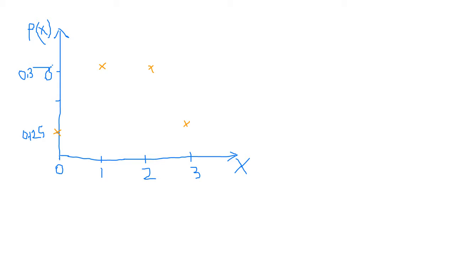And now if I draw my graph, I get something like this. So this is telling me that my binomial distribution is symmetric. So for my binomial distribution to be symmetric, it's because my proportion of success is equal to 0.5.